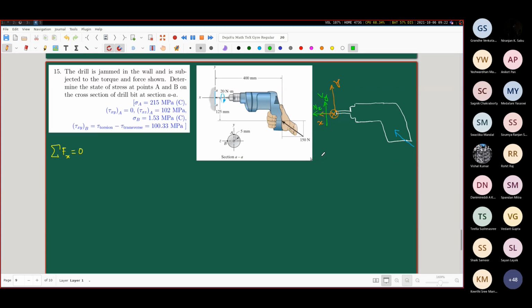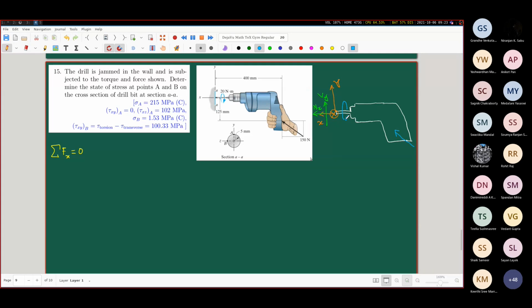Anything else that I'm missing? Moment. Okay, moment, but in terms of external loading, torque, that is also loading, right?